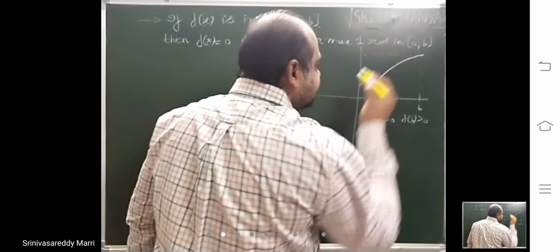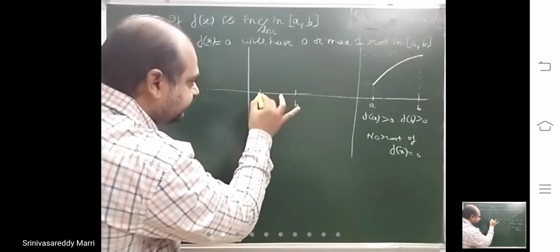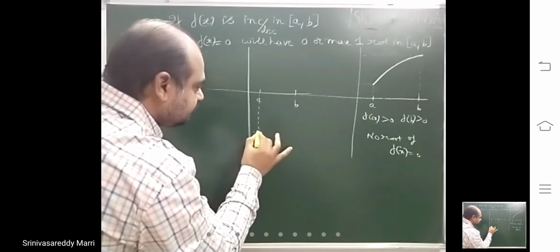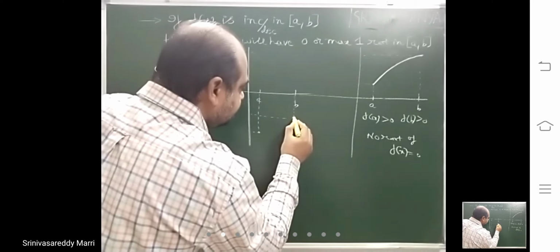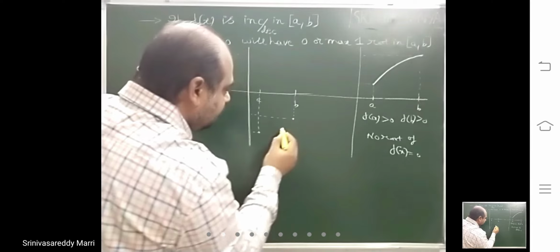Suppose another case you take. Suppose f of A is here, B is here, and f of A negative. That means point is here. F of B negative. Point is here. And increasing.